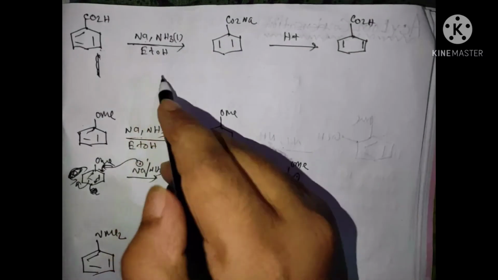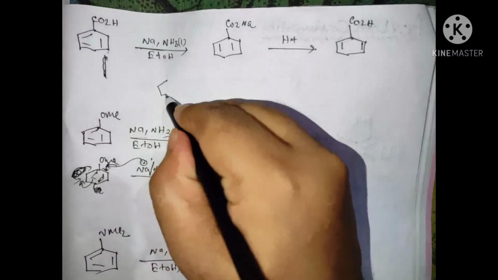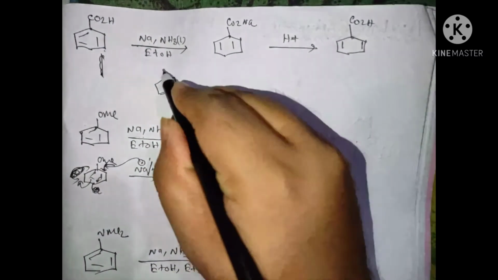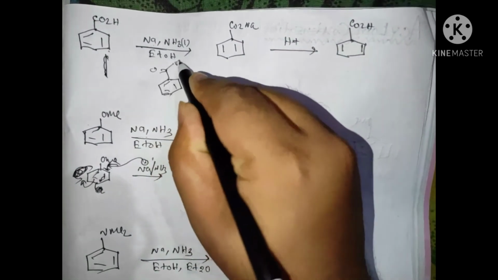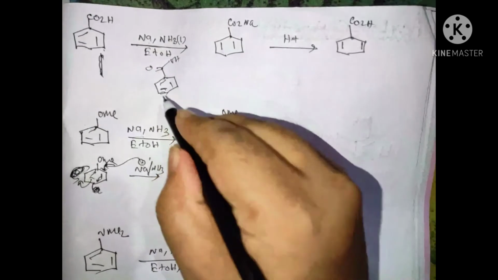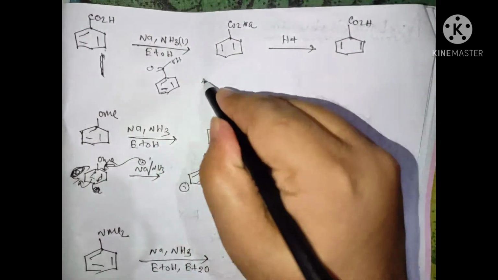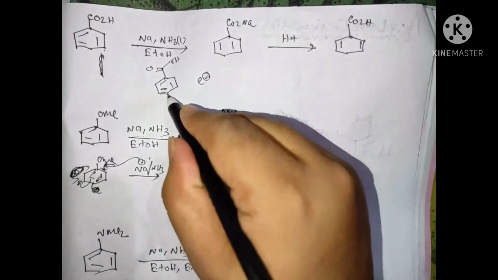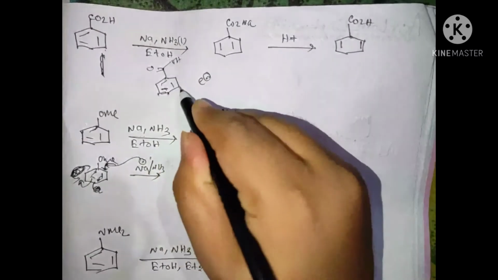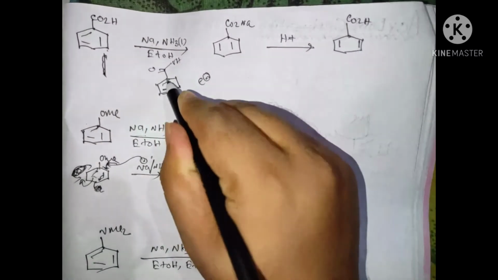Benzoic acid is reduced by sodium in liquid ammonia. So how does this reaction proceed? This is benzoic acid. The electron has a chance to attack this position, this position, this position, and so on.